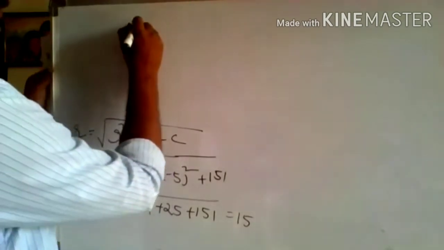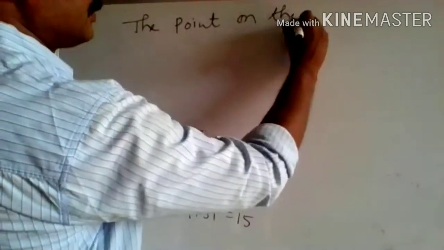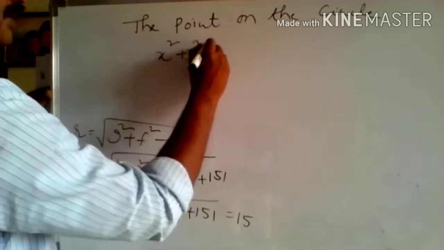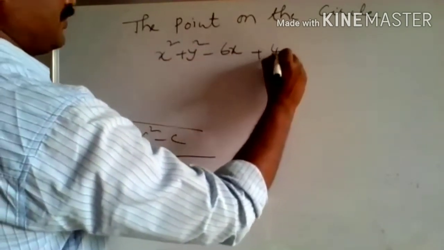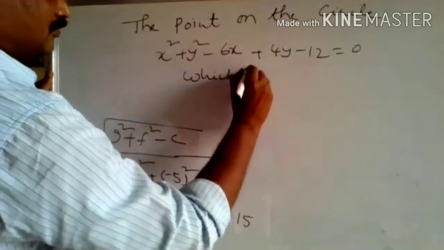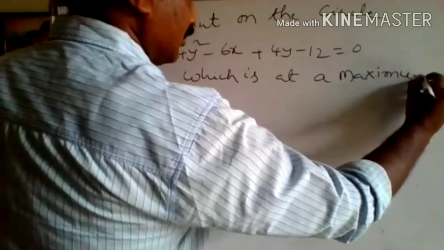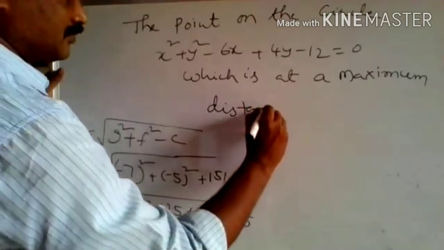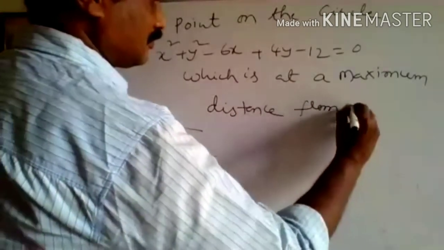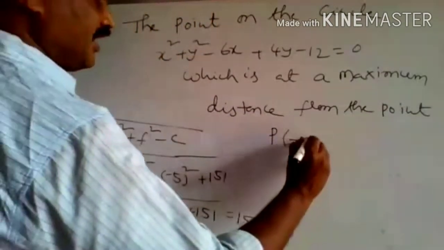Find the point on the circle x square plus y square minus 6x plus 4y minus 12 is equal to 0, which is at a maximum distance from the point P, minus 9 comma 7.